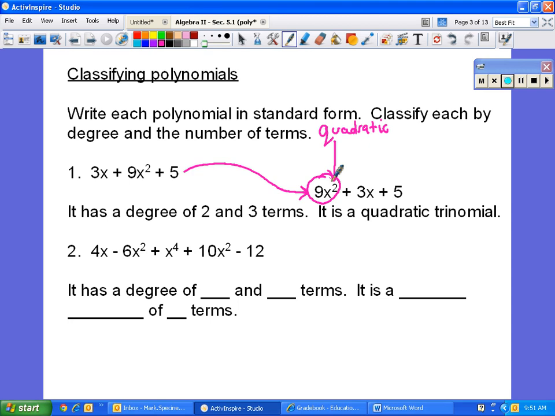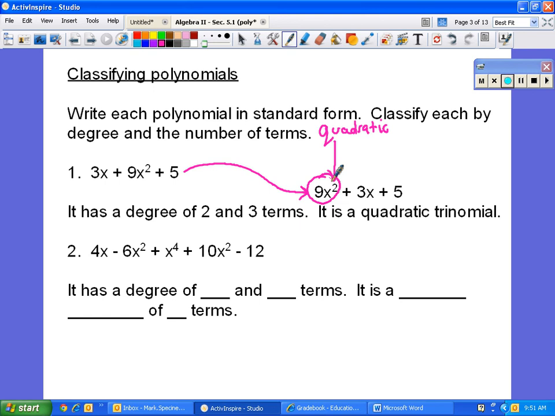Anything past 3 would just be a polynomial of however many terms. So you'll see in the next one, it's going to be a polynomial of some number of terms. The first name refers to the degree, the highest numbered exponent. The second name is the number of terms.